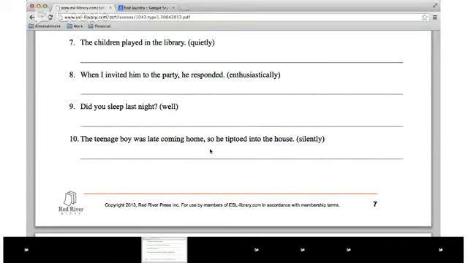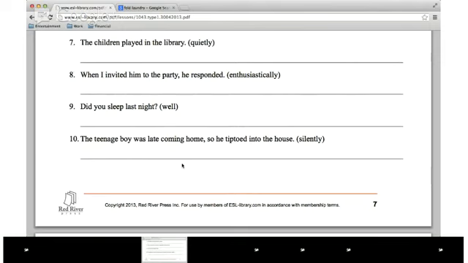So he silently tiptoed into the house. But for the most part, whenever you have an adverb, you can usually place it right after the verb, and everything will be just fine. Okay, good job, you guys. Any questions so far?